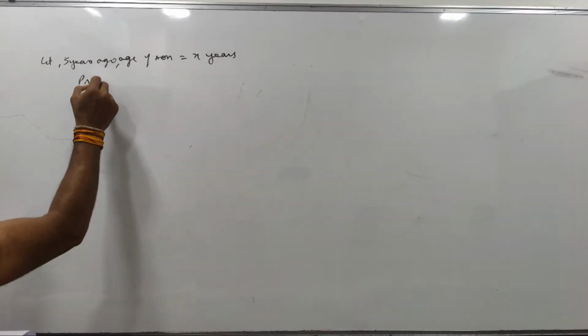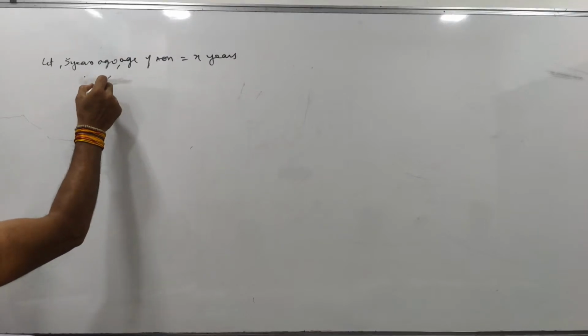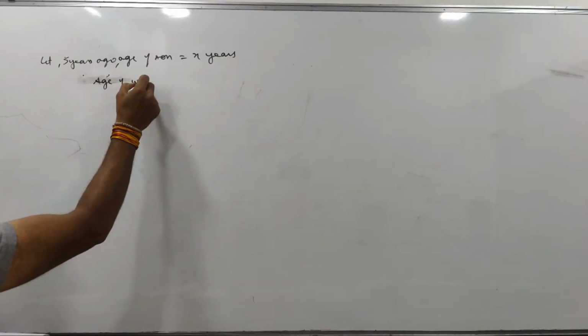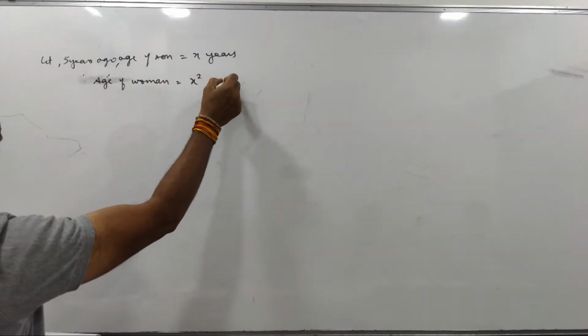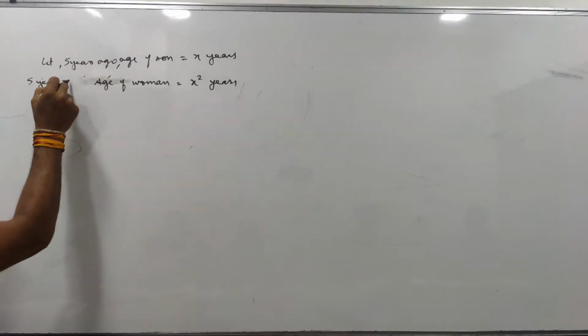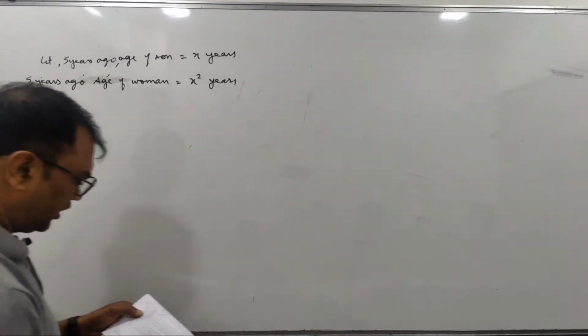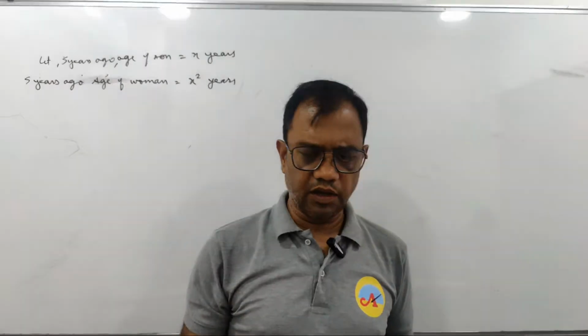So what will be the age of the woman? This age of the woman you are going to get as 5 years ago only. x square. So this is 5 years ago only. Here it is written 5 years ago a woman's age was the square of her son's age.